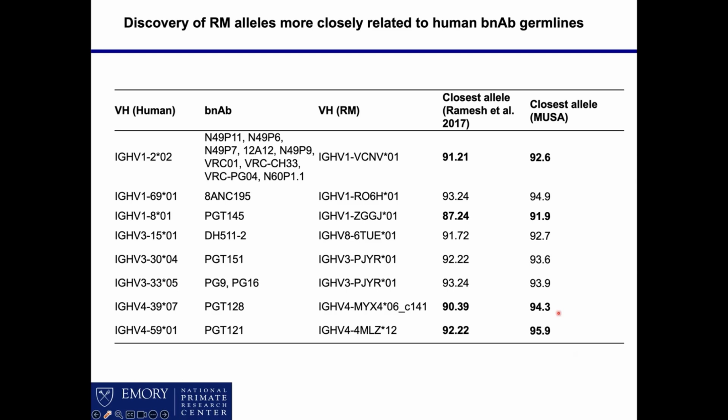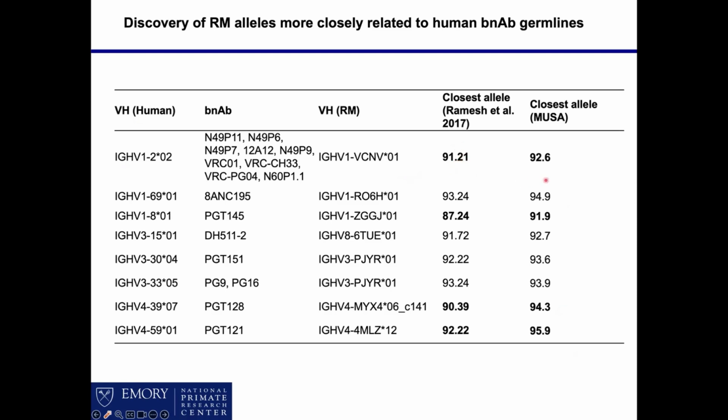The other thing I want to point out, however, is that there's been a long held belief in the field that the IGHV1-2 allele does not have a close homolog or ortholog in the rhesus macaque. This was a previous estimate from a very limited data set done by Ramesh and Thomas Kepler and Danny Dewick.